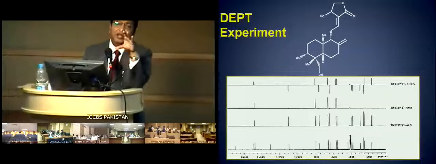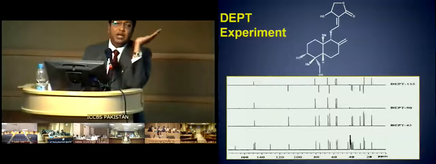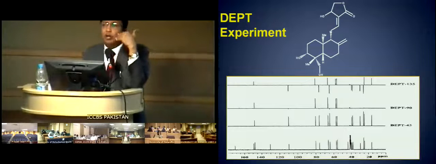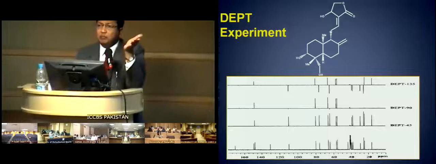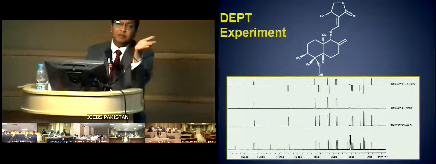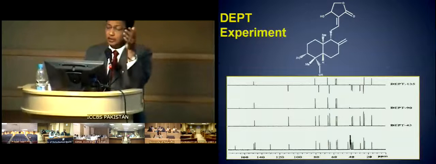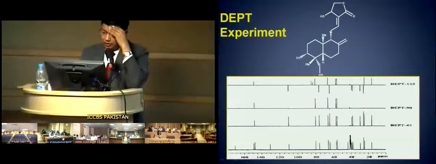So you can have a selective INEPT too, or you can have a broadband INEPT in which you have a radio frequency oscillation which transfers the population of all the protons present in the sample. So you get a selective INEPT, or you can get a non-selective INEPT in which you have a population transfer into the carbon, which is an insensitive nucleus.